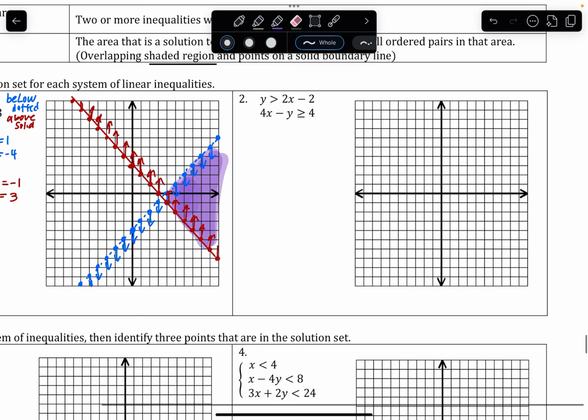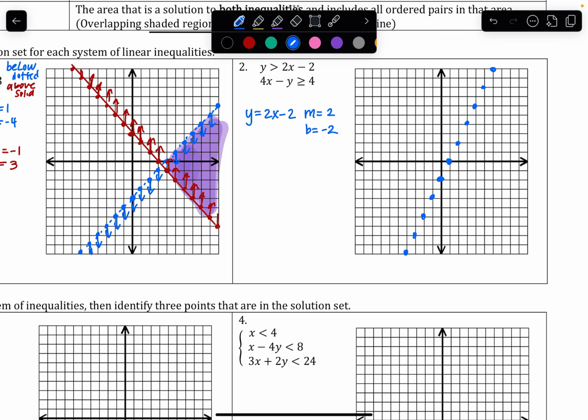Okay, on number 2, starting with the top inequality, the boundary line is 2x minus 2, my slope is 2, and my y-intercept is negative 2. So start at negative 2, and we're going to go up 2 over 1, up 2 over 1, up 2 over 1, down 2, back 1, fill up every point.